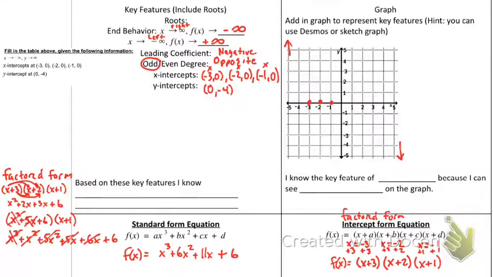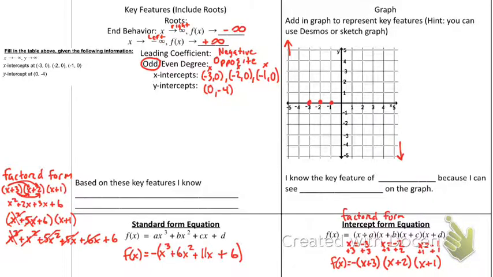Which means I got to change my leading coefficient here. It's going to be negative now, which means this guy over here has to be negative. Okay, so my leading coefficient is negative. I'm going to do it like this just to be mathematically proper.